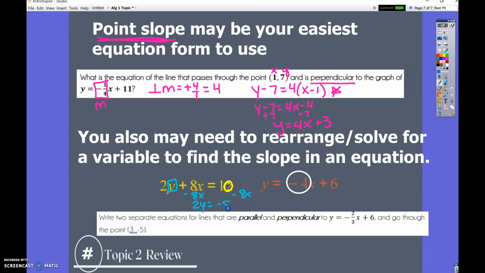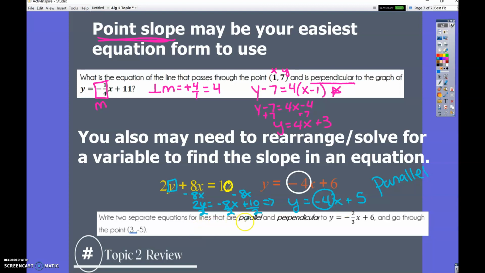So 2y equals negative 8x plus 10. And if I divide everything by 2, if you do it to one side, you have to do it to everything on the other side, I will get an equation of y equals negative 4x plus 5. I can see now that the slope matches the orange slope. Therefore, these lines would be parallel because their slopes are exactly the same, and they have different y-intercepts.